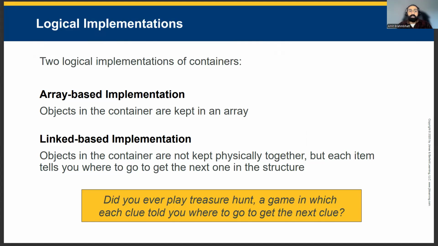The first one, the array-based one, items are stored contiguously, allowing quick access by index, but it makes insertions more expensive. Second one is link-based. Items are scattered in memory, but each one points to the next. It makes insertions more flexible, but indexing slower. A good way to imagine a linked structure is a treasure hunt where each clue points to the next.